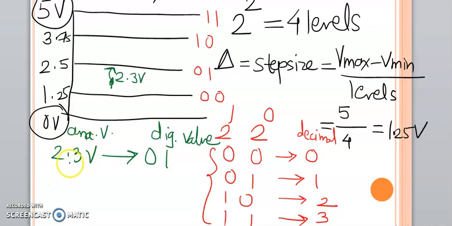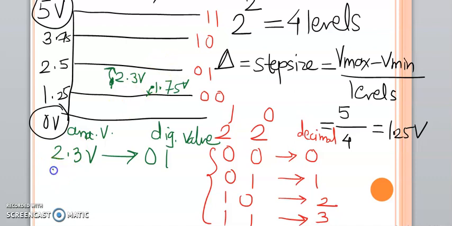Then let us take another example. Suppose the Arduino Uno detects 1.75 volt at its analog pin. Then this 1.75 volt of analog voltage will obviously be converted to 0 0, because it's nearest to the level of 1.25 compared to 2.5.